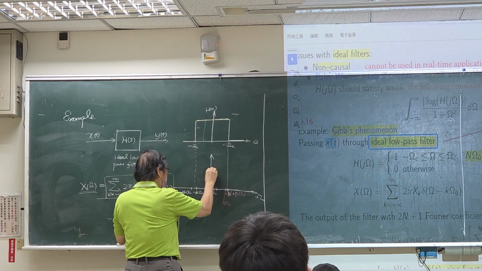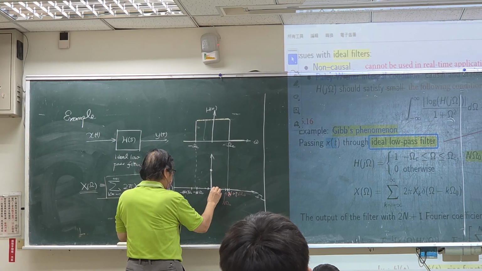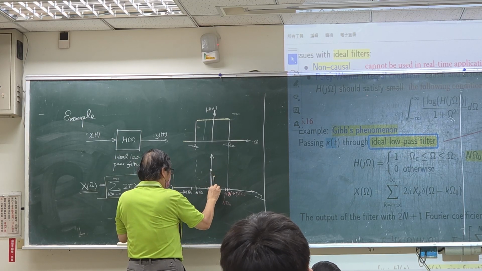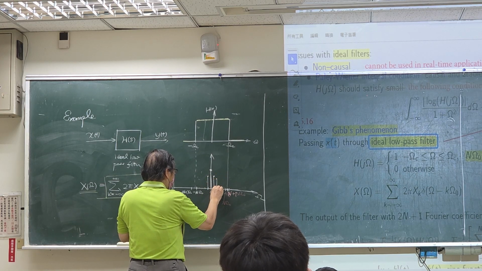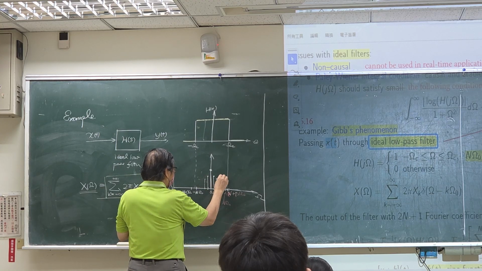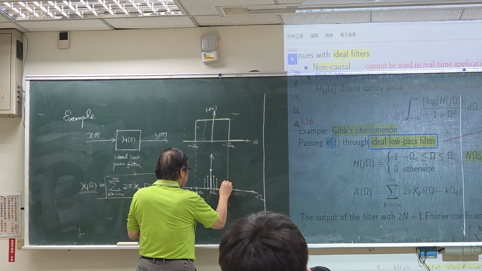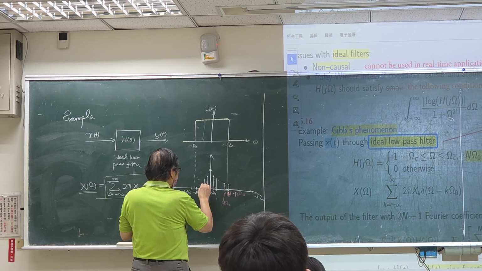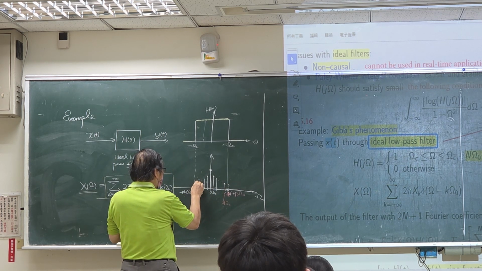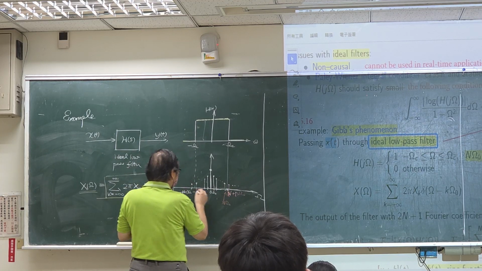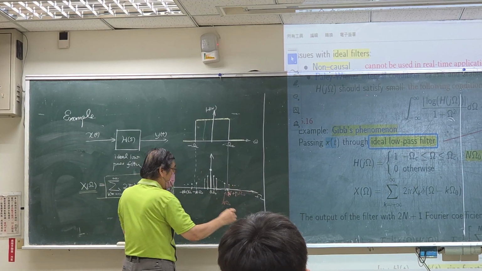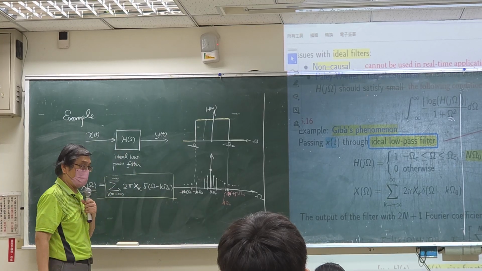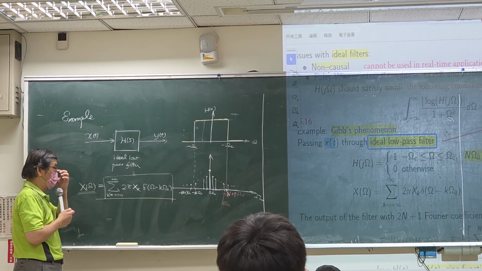That's omega 0 equals 0. Usually the higher the frequency, the smaller the amplitude, for regular signals.